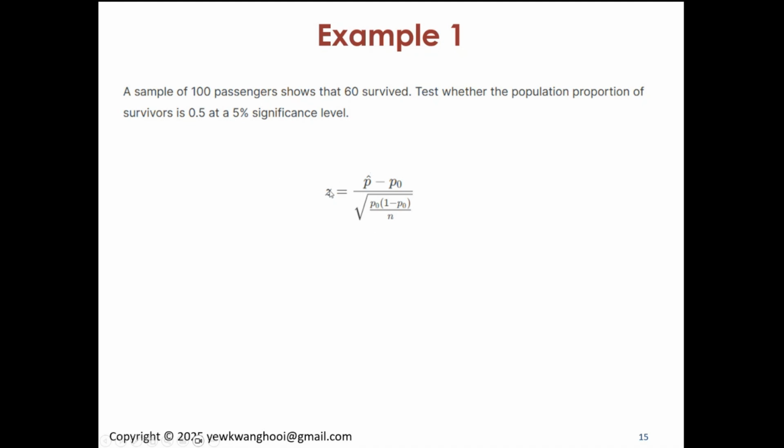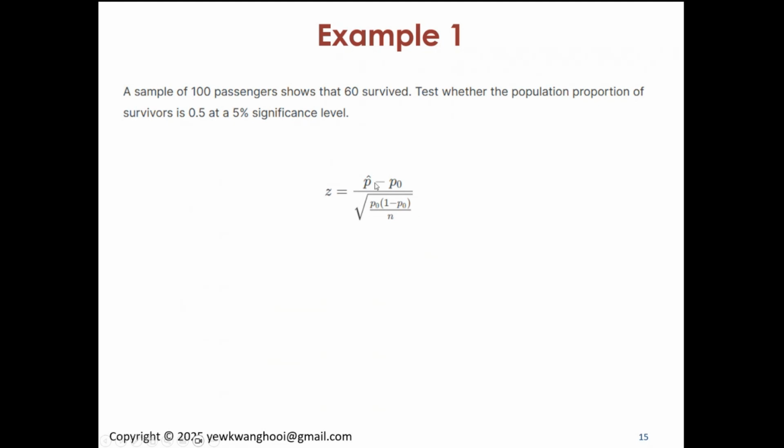And then you get the value of z. So how do you get the value of z? You need the point estimate, which is 60%, 0.6. And then P0 is what? This is the population proportion coming from 0.5, so you just plug in 0.5. And then what is N? N is the sample size. What is the sample size? 100.